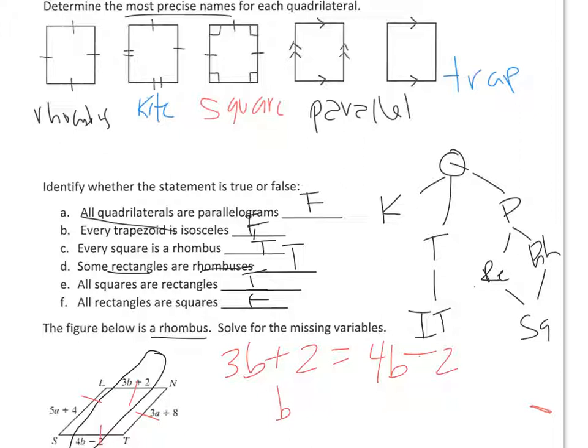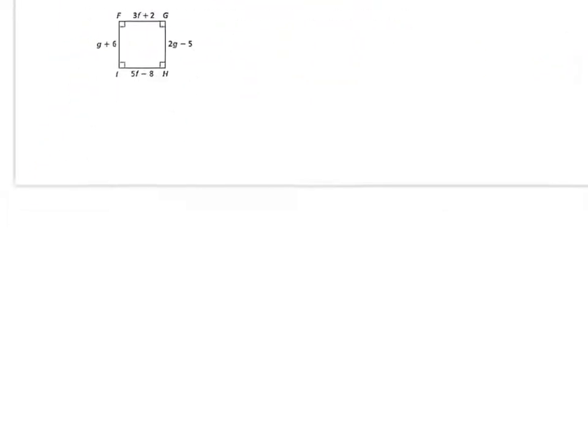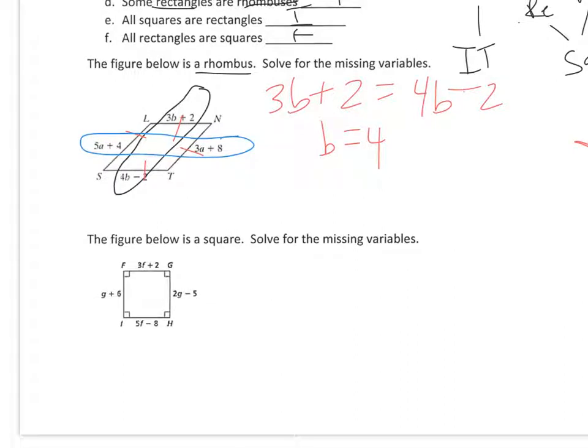So b equals 4. And then to find a, I would set these two equal. Down here, if this is a square, solve the missing side lengths. So I would set these two equal, and I would set these two equal. Nothing too complicated about that.